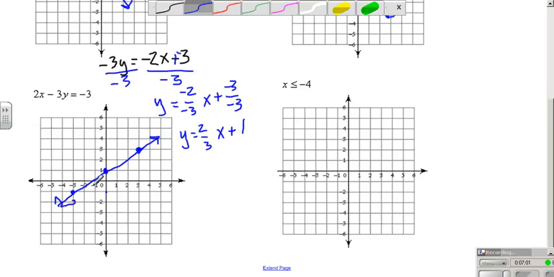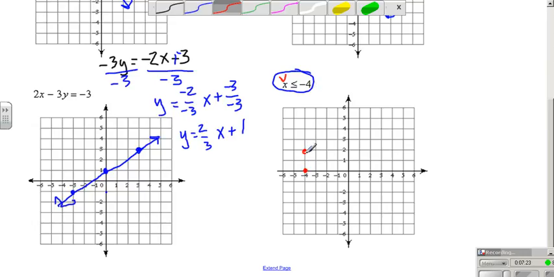Well, this last example is one of those that kids remember is either a horizontal line or a vertical line, but they can't remember quite which one is which. So you think to yourself, where is every single x coordinate equal to negative 4? And here's one place where x is negative 4.